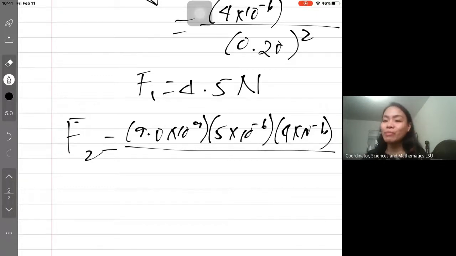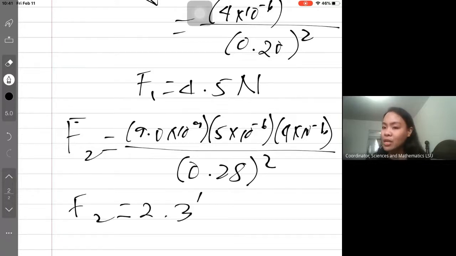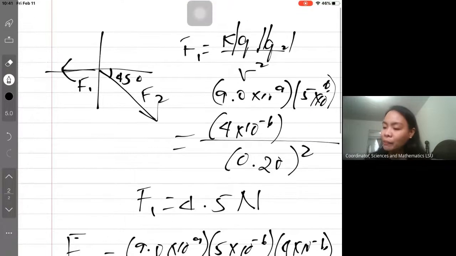And the distance between them is the hypotenuse that was already computed for you, which is 28 centimeters, and again have that in meters, so you have 0.28 meter. And you square that, never forget the square. So F2 is 2.3 newtons. All right, so we have our values now.